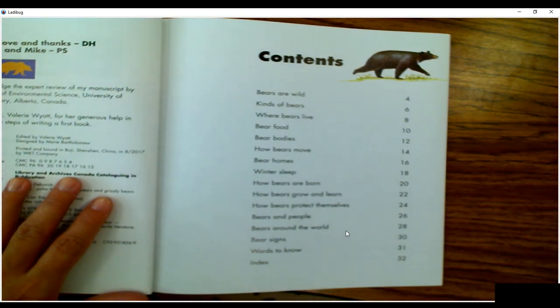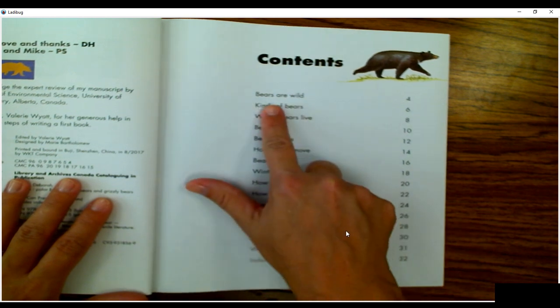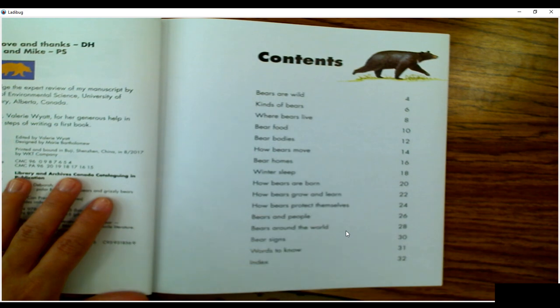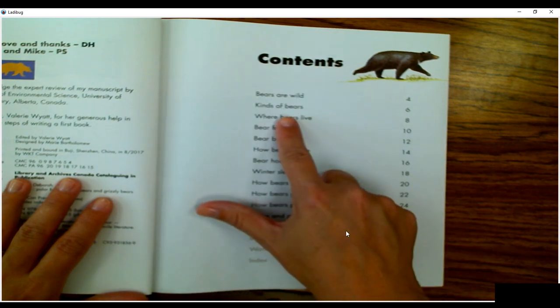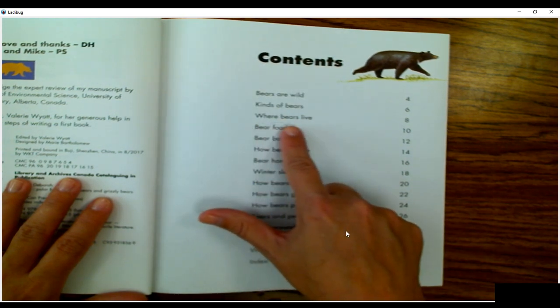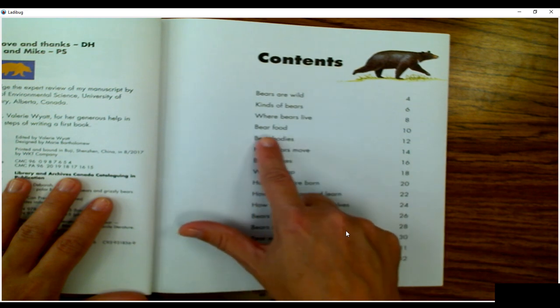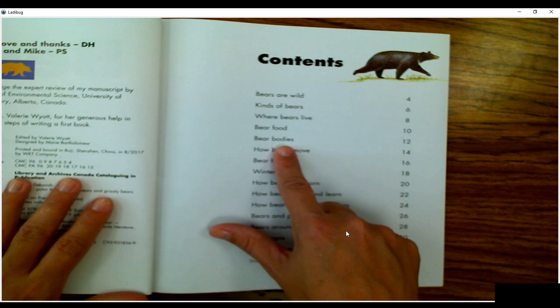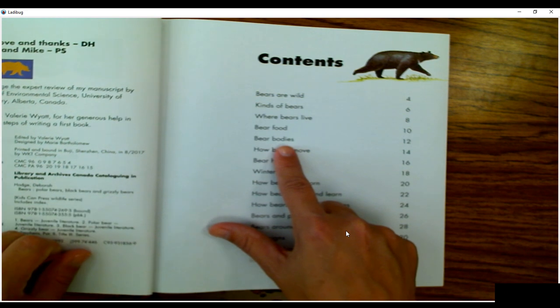When you hear me say one that you think might be it, I want you to tell your learning partner. All right, bears are wild. I'm not sure if that would have the information we're looking for. Kinds of bears, maybe. Where bears live, bear food, bear bodies. I think that one it could be it. Bear bodies. That's definitely going to tell me a little bit about how a bear looks.